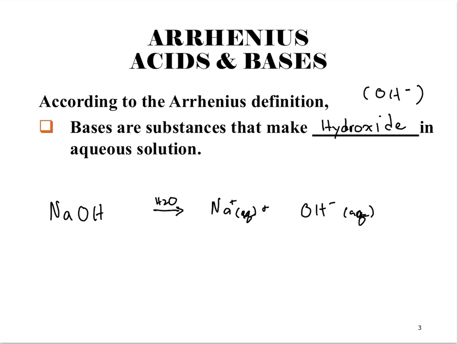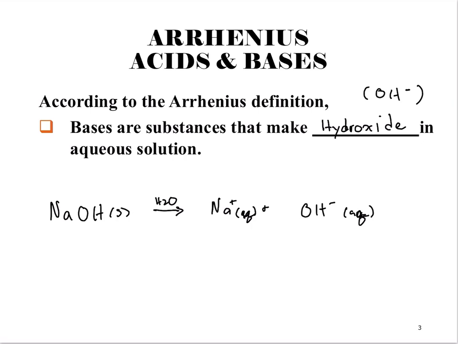Whenever you see the AQ next to the compound in the chemical equation, that just means that it's aqueous. It's dissolved in water. We talked about how solvation works, and we had the water molecules that surround the ions. That's exactly what's going on here. We just have an aqueous version of the hydroxide ion.